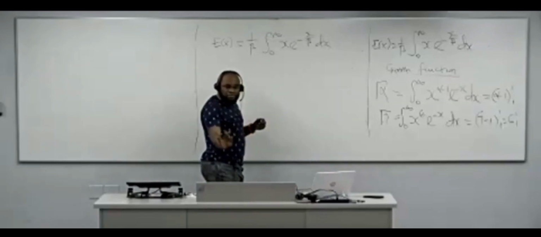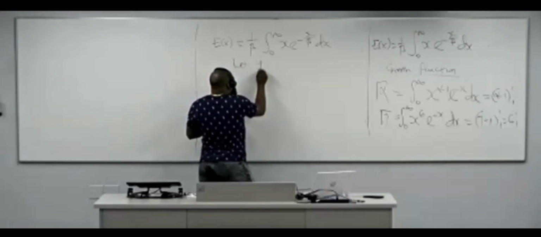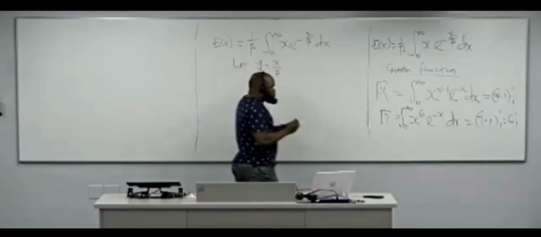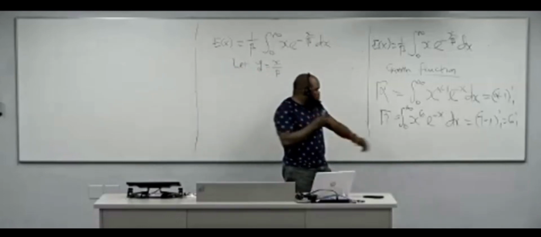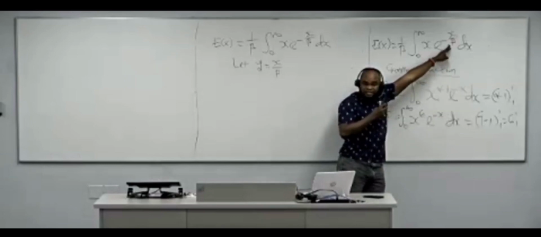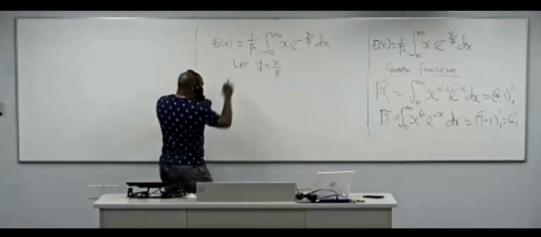For this to suit a gamma function, I can let y be equal to this, because I want the exponential to carry just the variable. Here it is carrying a variable and the parameter. So I'm going to use a substitution method.